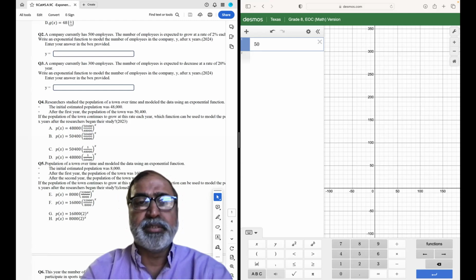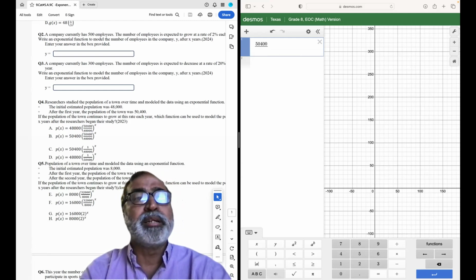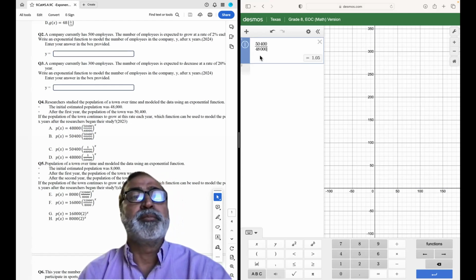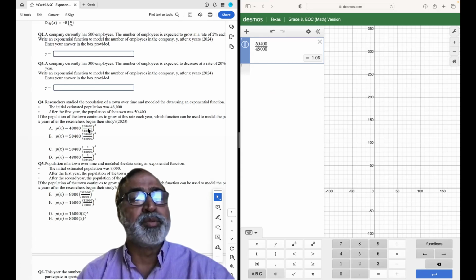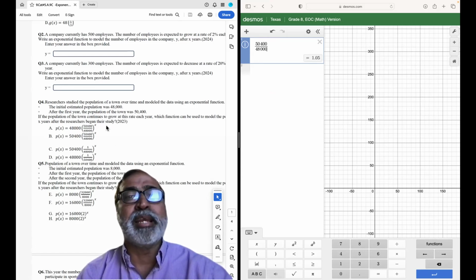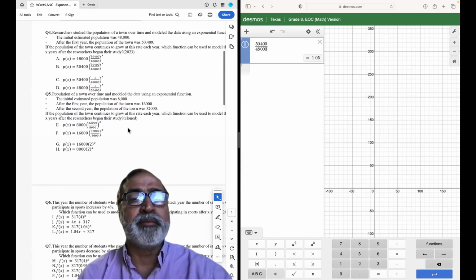The new value is 50,400 divided by 48,000, which gives your growth rate, 1.05, but it's already given to you in this format. So 48,000 is the initial value, so your only answer is A or D, and A is the only one dividing this year by the initial year. That gives you your rate, so the answer is A. Keep that in mind and keep looking for this.